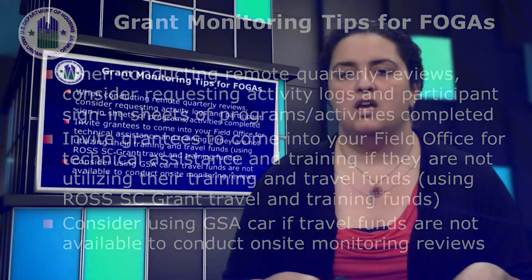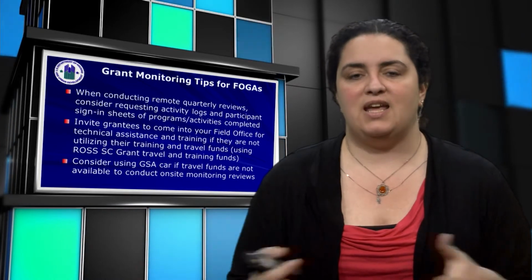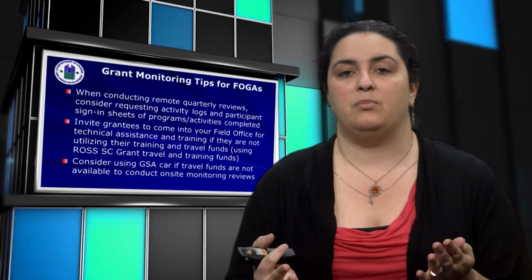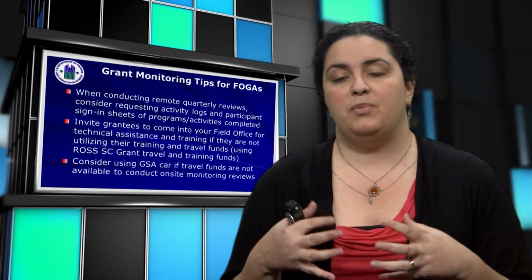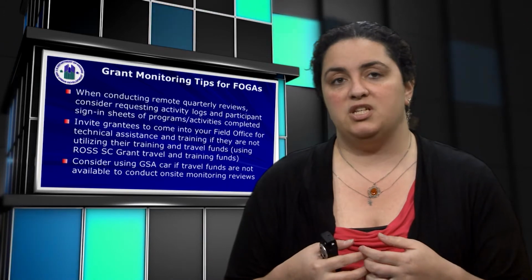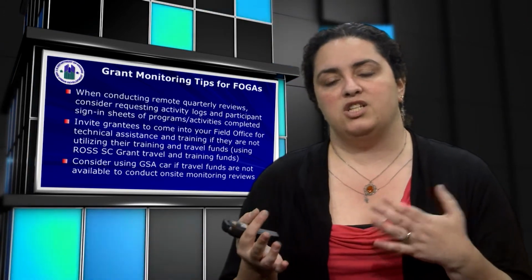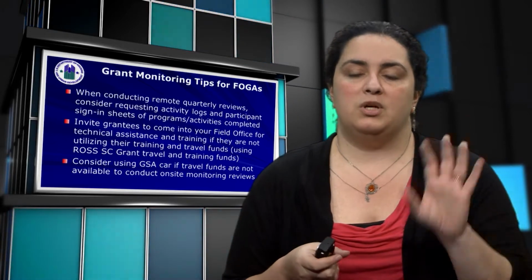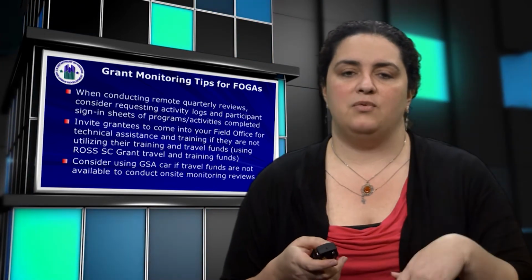Now, we understand there's grantees across the state and you're only in one locale, so not everybody can make that happen. But we also think there's a strong benefit to getting folks together to be across the table from each other to talk about their challenges and the things that they found that really work well. And we'll talk a little bit more about that in a minute.